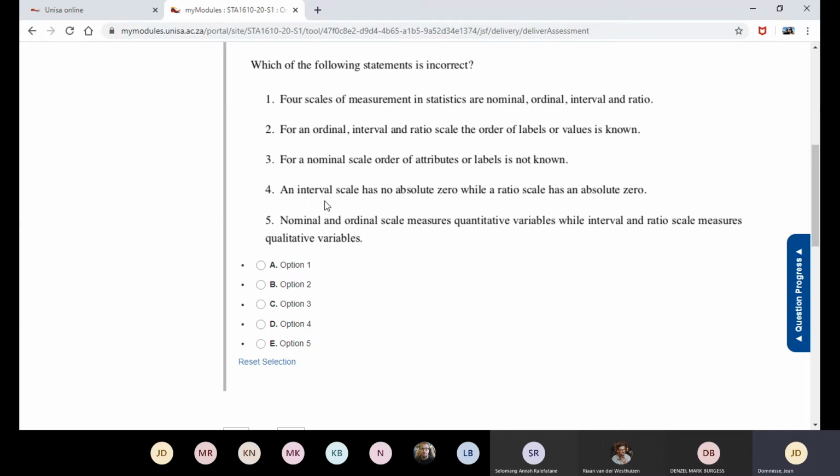The interval scale has no absolute zero, while a ratio scale has an absolute zero. I think that one is also correct.